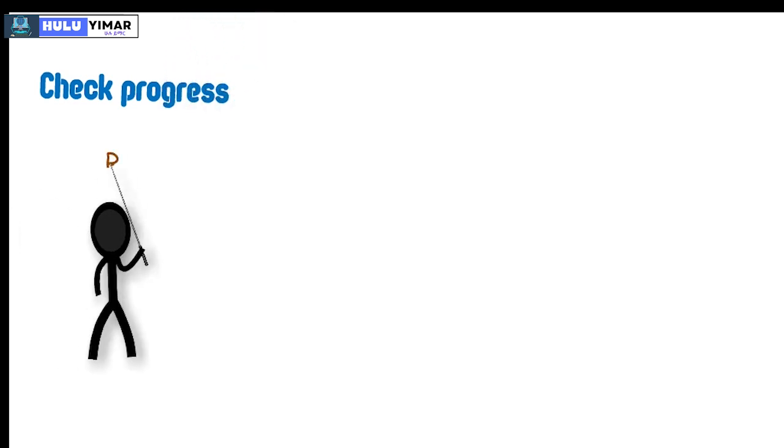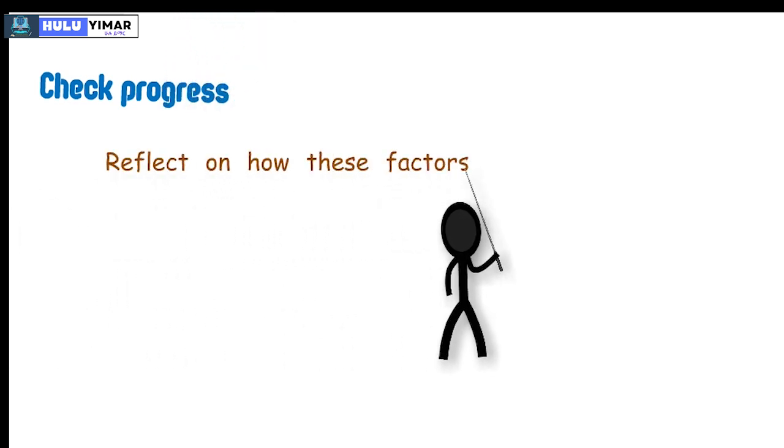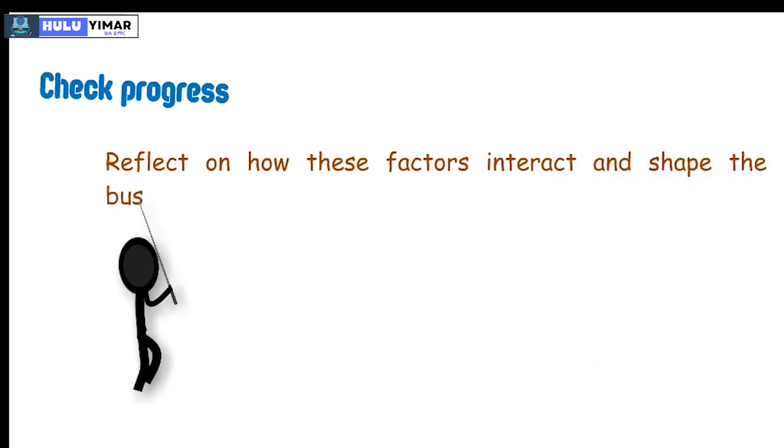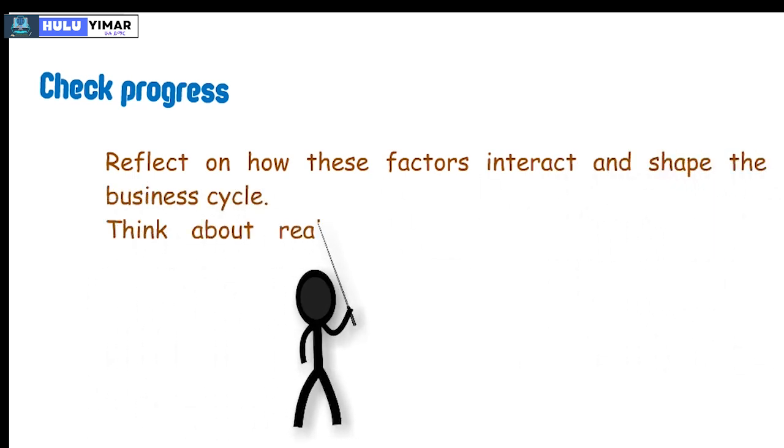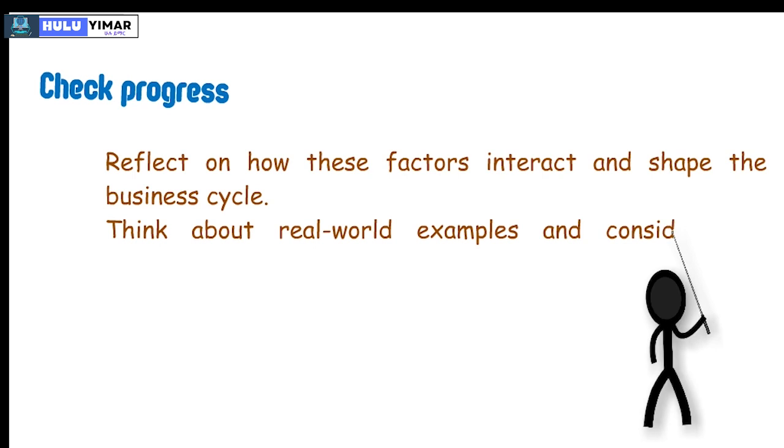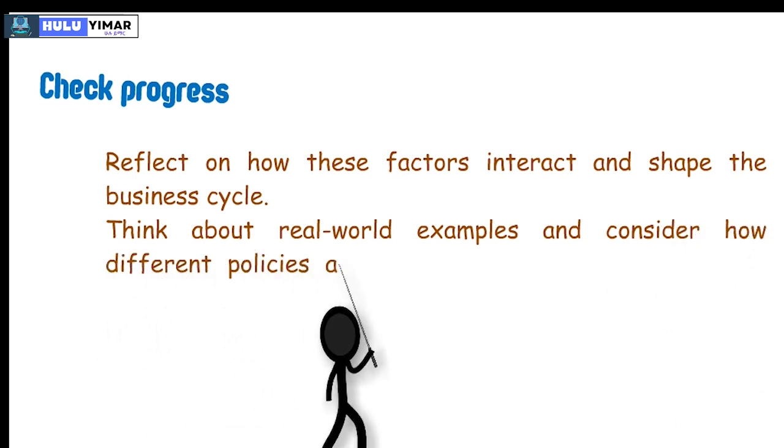As we wrap up, I encourage you to think about how these factors interact and shape the business cycle, reflect on real-world examples, and consider how different policies and events have influenced economic activity in various countries.